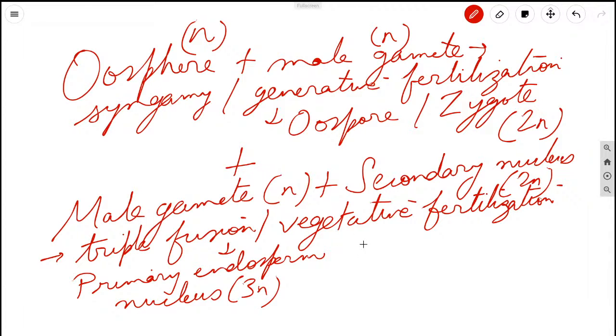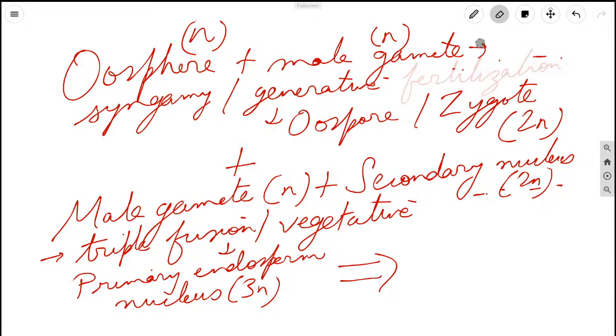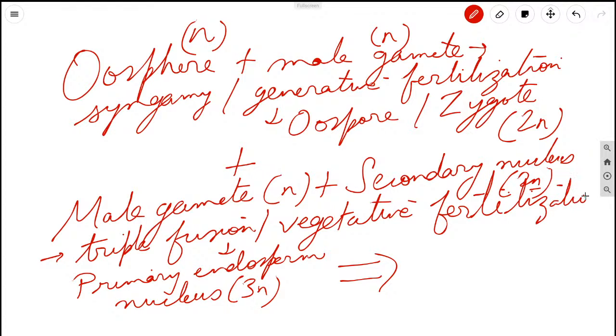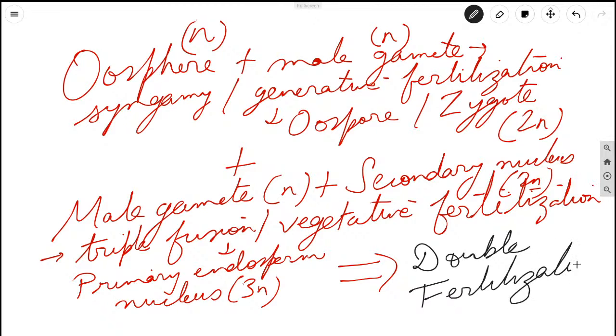Okay, these two events are cumulatively known as double fertilization. So this is the entire thing regarding double fertilization.